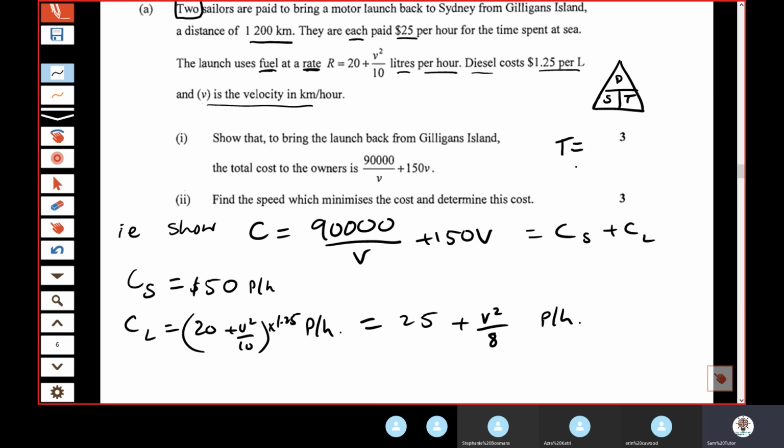Your time is 1200 kilometers, which is your distance, over V. Why? Because V is your speed that you're going at. Does that make sense?